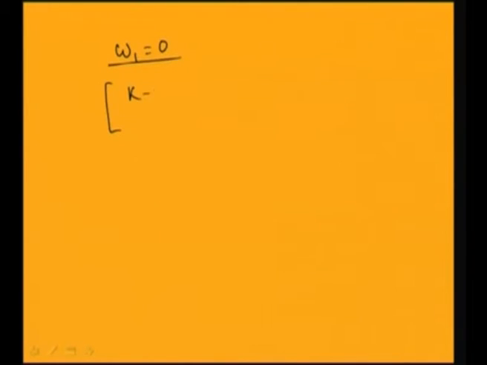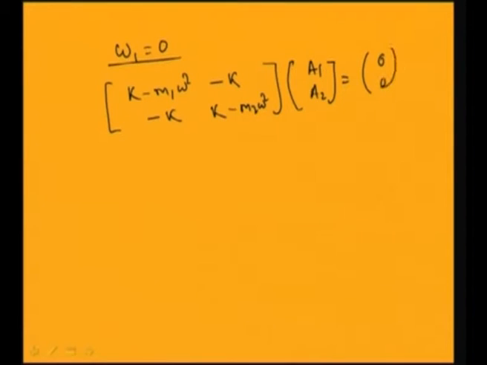So your equation is m1 omega square minus k, minus k, minus m2 omega square, a1 a2 equal to 0. From this equation, if you substitute omega equal to omega 1 equal to 0, you are getting a1 equal to a2.